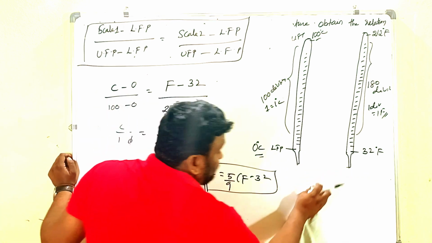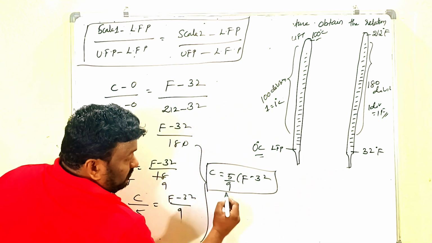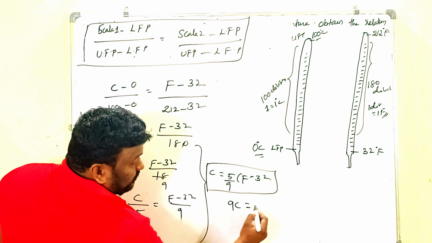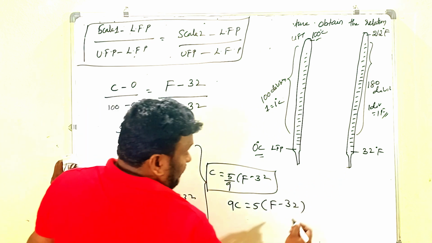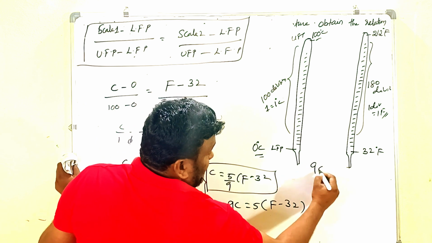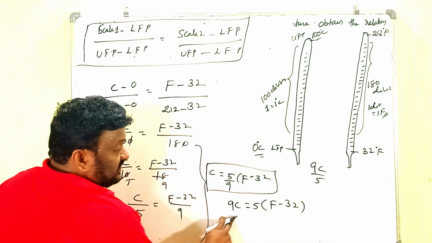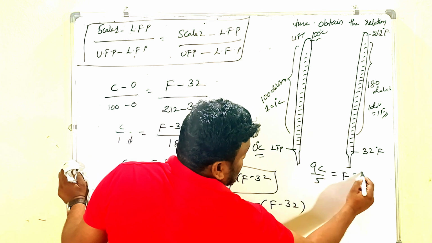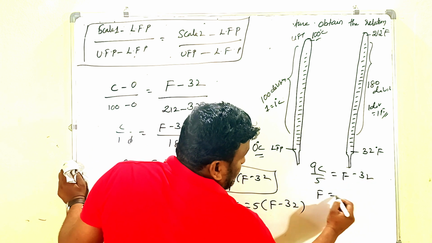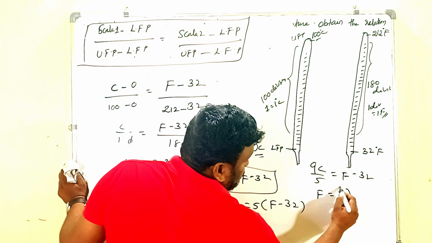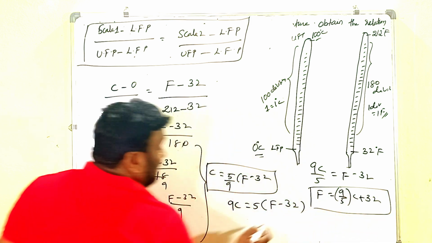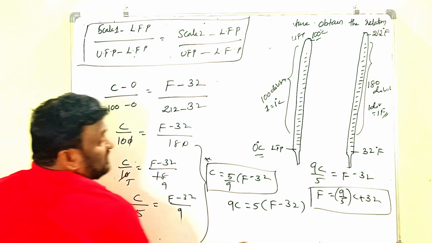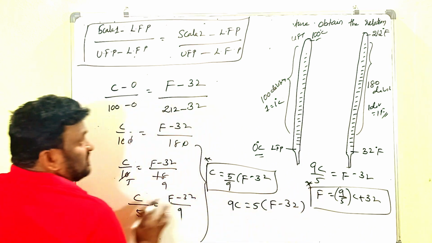From the same relation, 9C is equal to 5 of (F minus 32). Then 9C by 5 is equal to F minus 32, so F is equal to 9 by 5 into C plus 32. This is another relation between the Celsius and Fahrenheit scales.